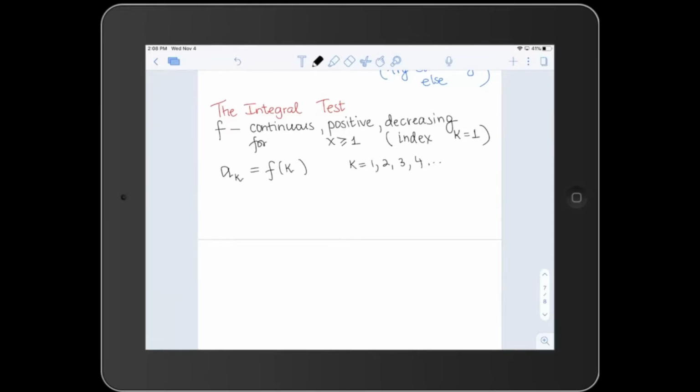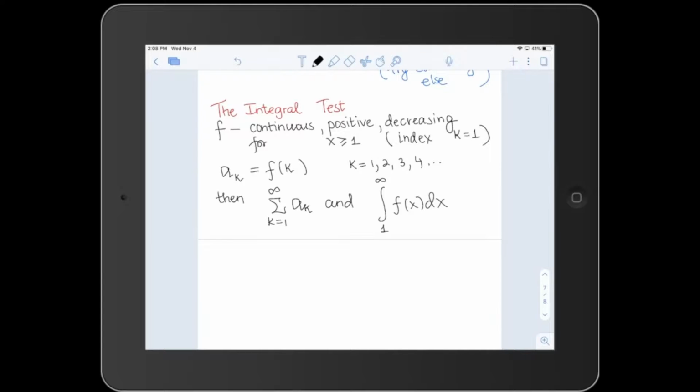So what's the idea here? Then the series, the infinite series of these terms a_k, and the integral, let's make sure we see the analogy. Now my limit goes from 1 to infinity of f of x dx.